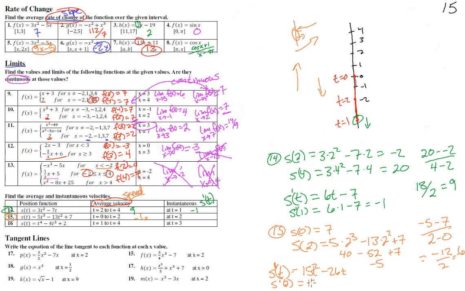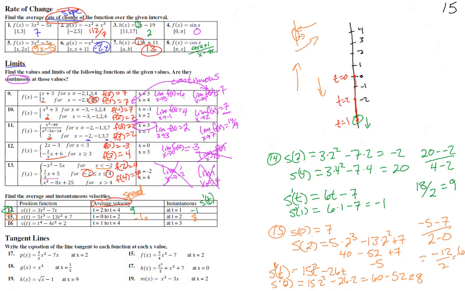It's going to be 15 times 2 squared minus 26 times 2. That is 15 times 4 is 60 minus 52 equals 8. So at that exact moment, he's actually headed up with a speed of 8. So velocity is positive 8. So he's headed upward at 8.